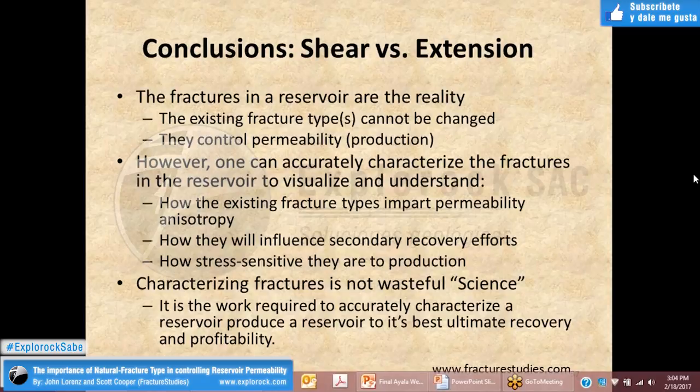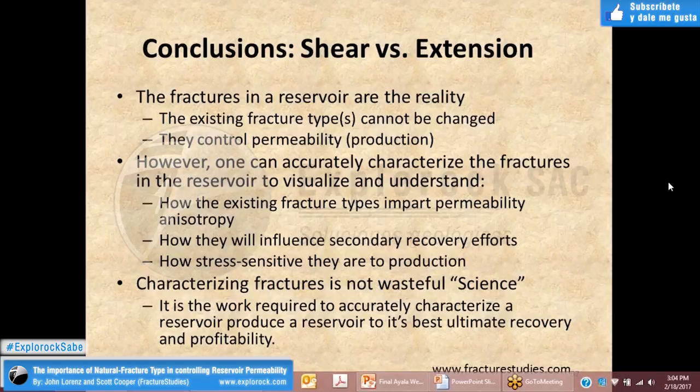All your extension fractures are going to form in parallel sets, and if you have only one set, then you'll have much better communication with wells that are oriented along the strike of the extension fractures than between wells that are across the strike, as a couple of those graphs that Scott showed.